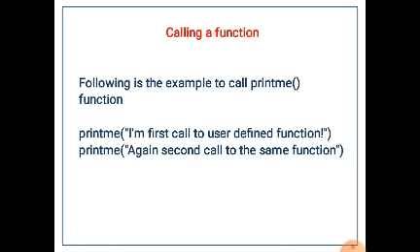So, the below given are the two statements in the body of the print me function. Print me function has two sentences here. One is I am the first call to user defined function. Again, second call to the same function.